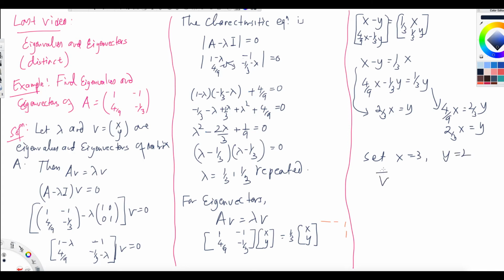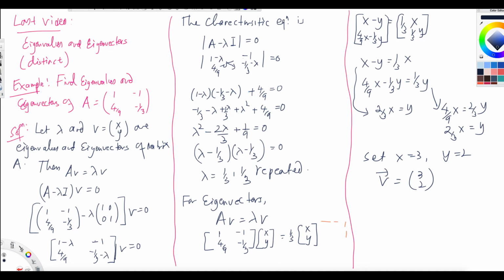So the vector V is 3, 2. That is the eigenvector. You can have any value of X that is a multiple of 3 to get another integer value for Y. So this problem has only one linearly independent eigenvector.